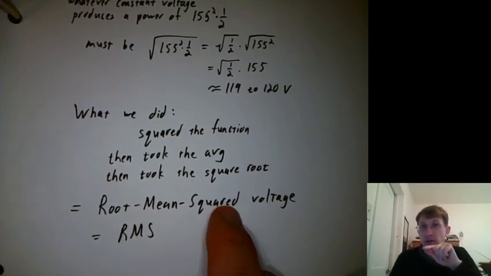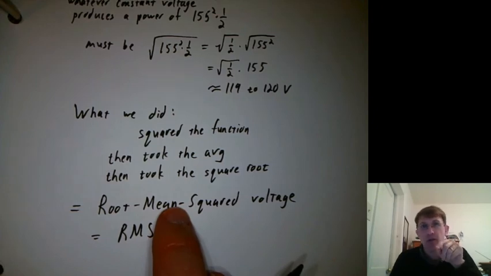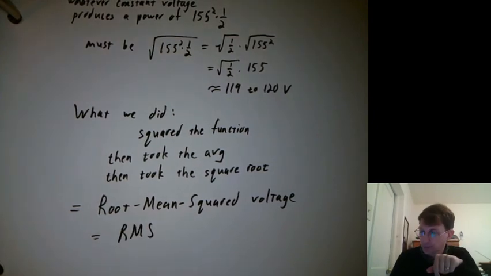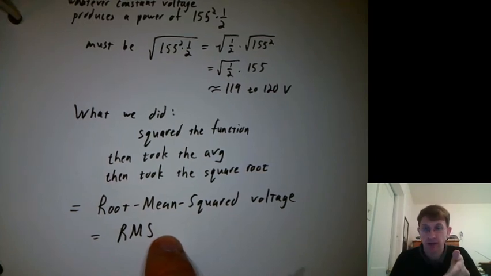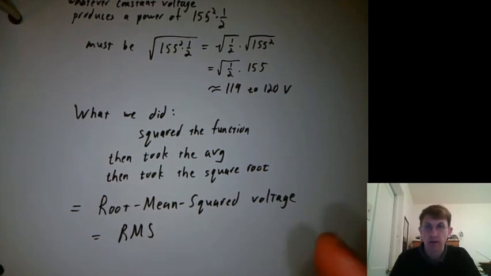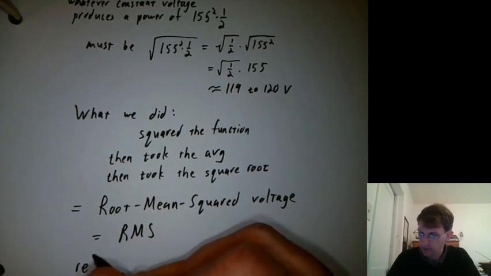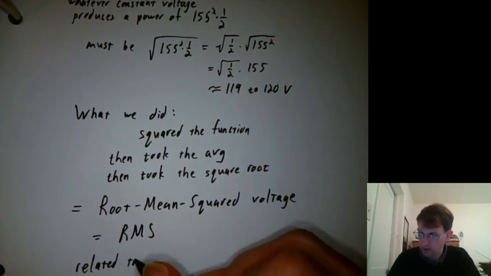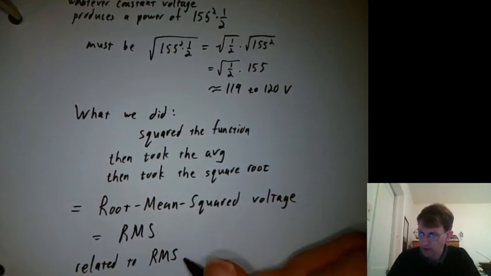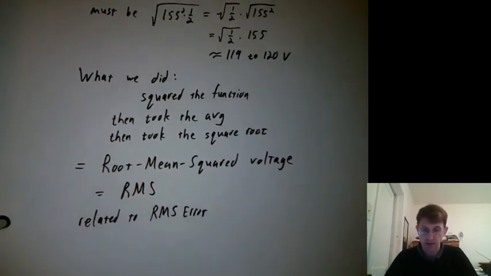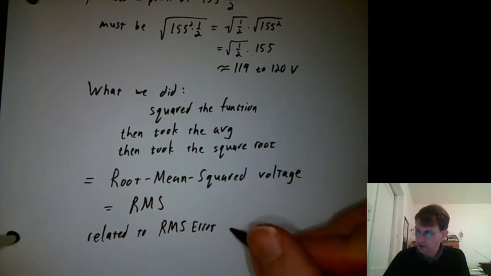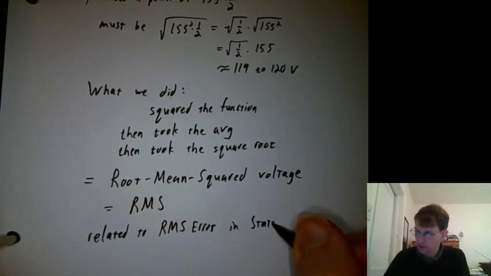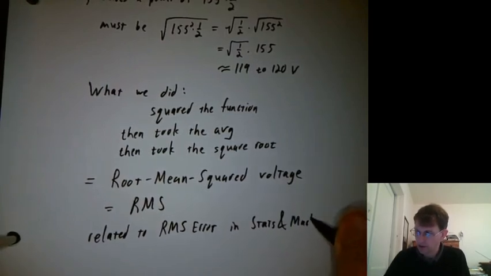You square it, take the mean or average, and then take the square root of that. So RMS is a really useful concept in electrical engineering, obviously, but it's also related to other things. So it's related to root mean squared error, or RMSE, in statistics and machine learning and other things.